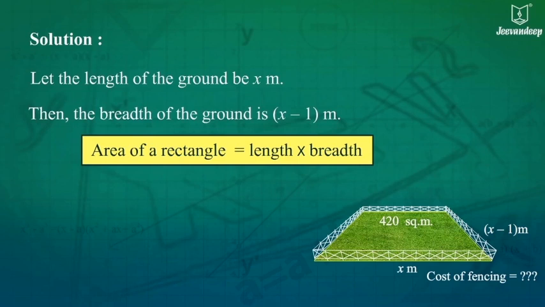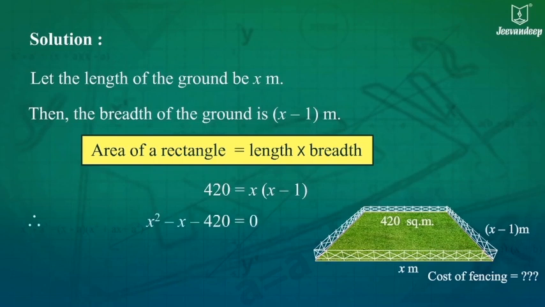Area of a rectangle equals to length into breadth. Therefore, 420 equals to x into x minus 1. Therefore, x square minus x minus 420 equals to 0.